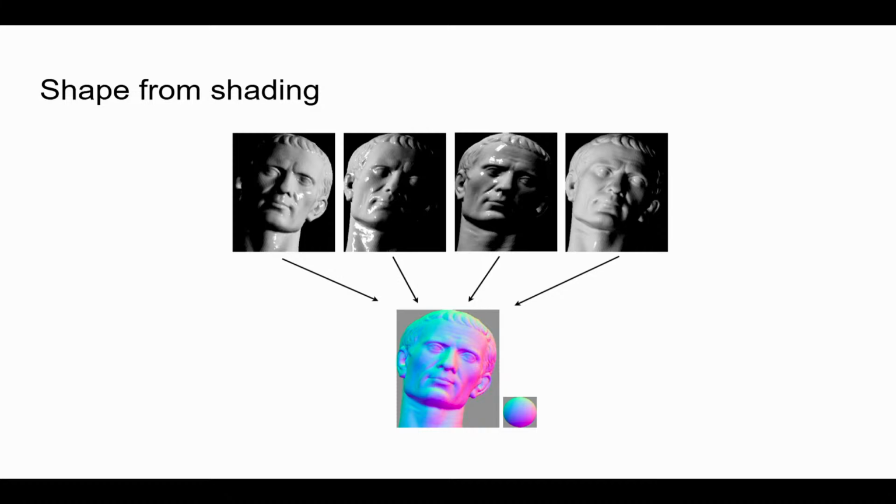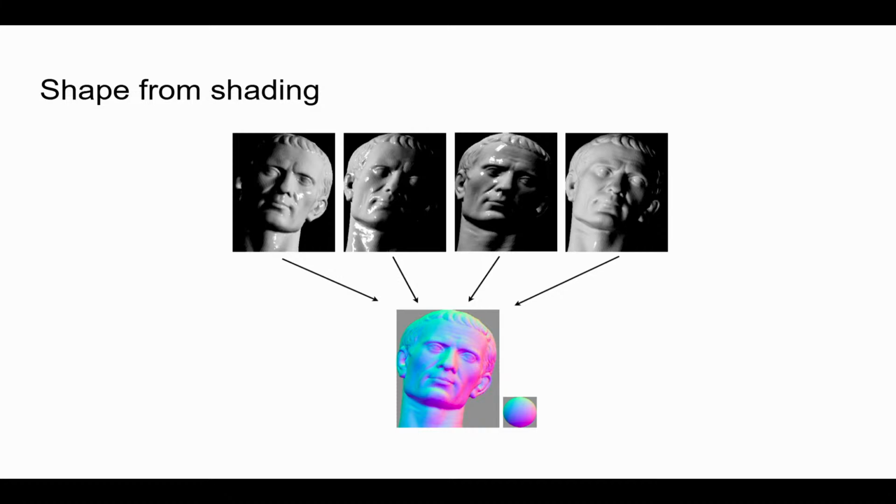So one is, for example, shape from shading. This is really no neural networks, nothing. If you have some assumptions about the object you are looking at, about how it reflects light, for example, that it's not shiny, that it's just a matte surface, and you have a single point of light and you move the light around, you can compute the 3D shape from that.